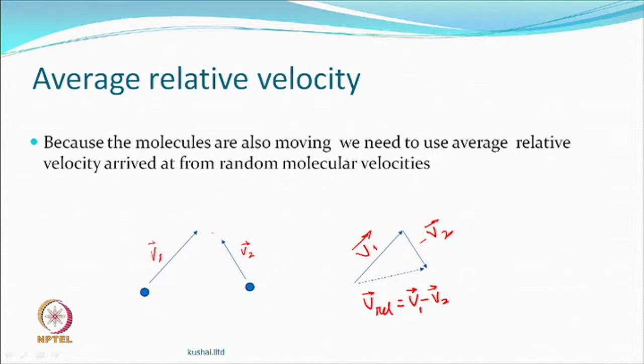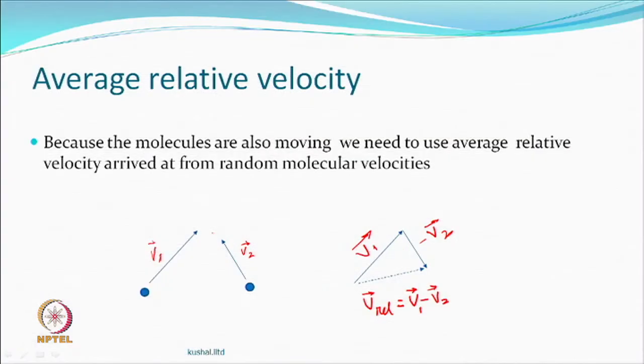When they move around, one way or the other, the relative velocity would be v1 minus v2, all right, and there will be so many relative velocities also. You strike and go somewhere else and all those kinds of things. So, you work with the average relative velocity.